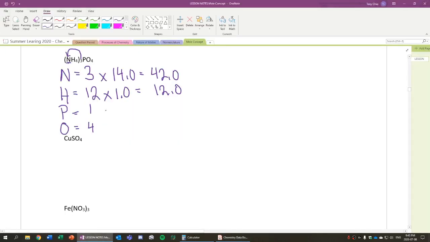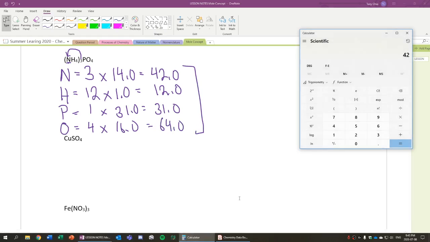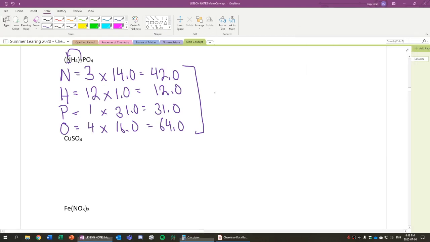So 1 times 31.0 is still 31.0. And last but not least, oxygen is 16.0. 4 of them will give you 64.0. So now, if we add these up, 42 plus 12 plus 31 plus 64, we get a molar mass of 149.0 grams per mole.